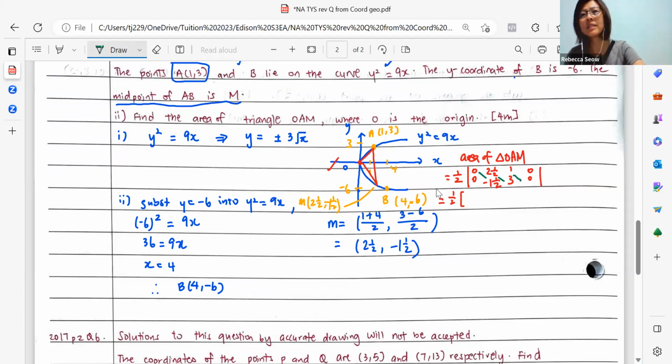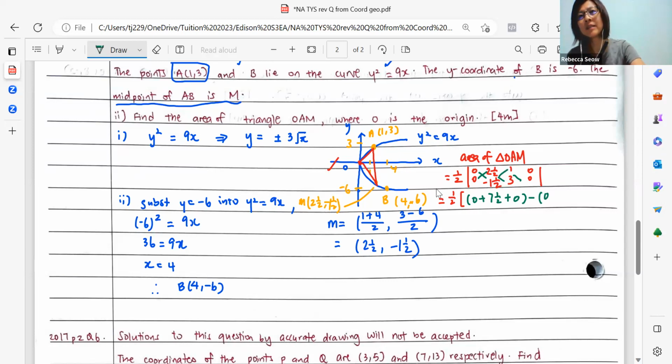So 0 times minus 1.5 will get us 0. 2.5 times 3 will give us 7.5. 1 multiplied by 0 is 0. So for the first part, you multiply diagonally across and add up the terms. After that, you subtract the product of the terms in the other diagonal direction. So 0 times 2.5 gives you 0.